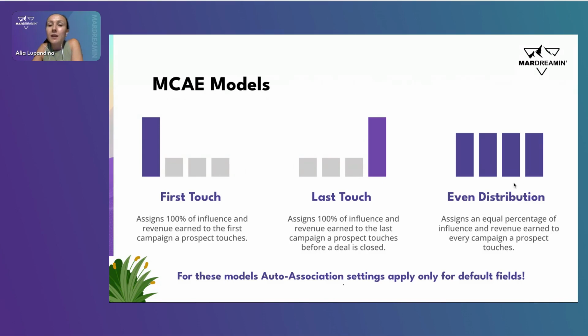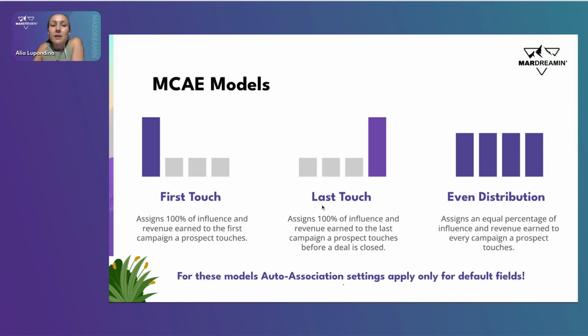And then we have the event distribution model, and the event distribution model assigns an equal percentage to every campaign a prospect touches.